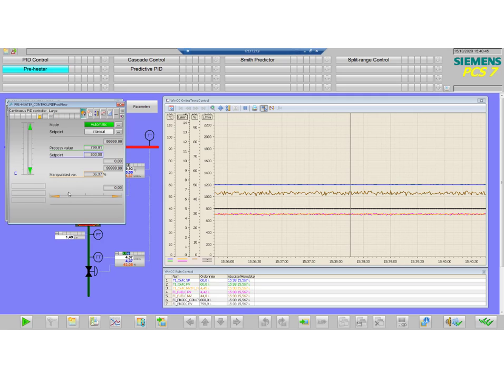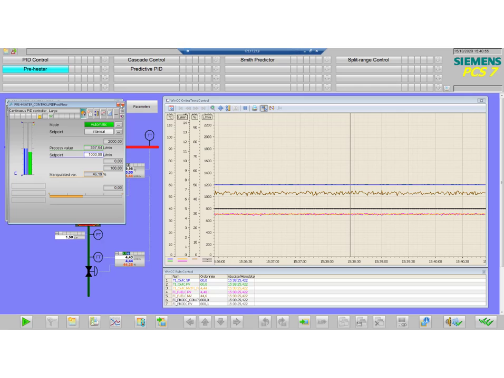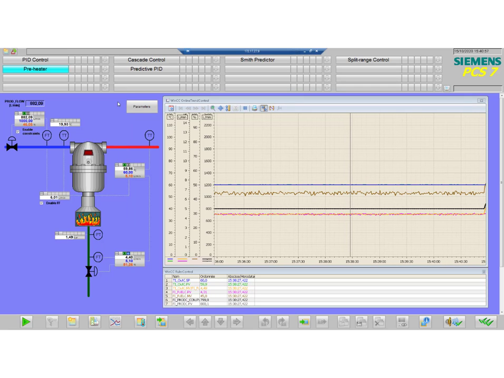So let us change the set point to 1,000 liters per minute. So now the flow of product to be preheated is going to increase, and we're going to have a look at the output temperature.